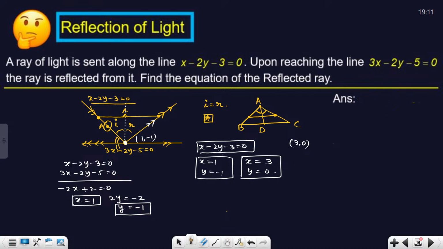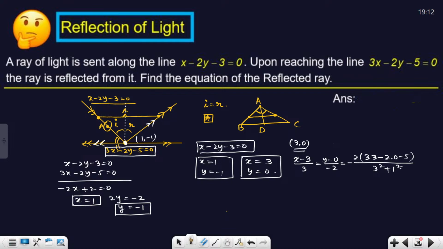Now I want to find its image with respect to the mirror line 3x minus 2y minus 5 equals 0. We know the formula for finding the image, and I'm simply applying it. (x minus 3) over 3, (y minus 0) over minus 2 equals minus 2 times (3 into 3 minus 2 into 0 minus 5) divided by 3 square plus 2 square.